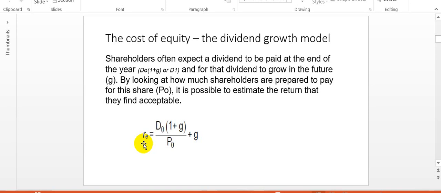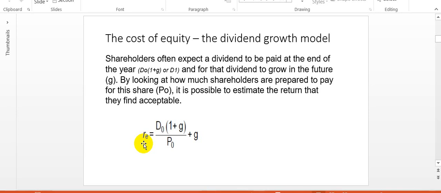So we are going to look at now how this cost of capital is computed. To understand the cost of capital, you have to understand that capital is a combination of equity and debt.